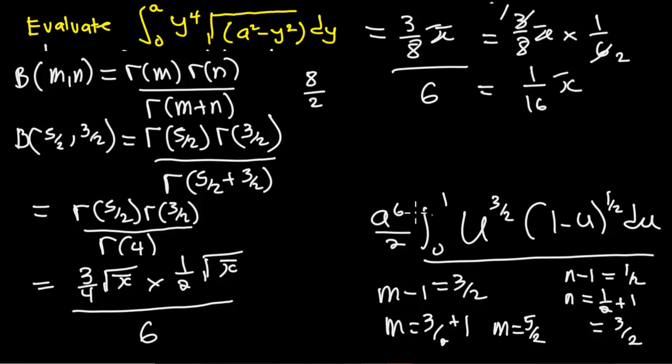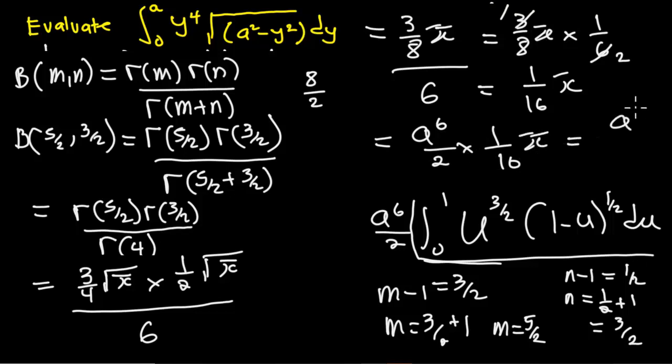But don't forget what we did was in effect of this side. So we left a exponent 6 over 2. So we are going to multiply a exponent 6 over 2 by this one. So doing that, we are going to have a exponent 6 all over 2 times 1 over 16 pi, which is a exponent 6 all over 32 pi.